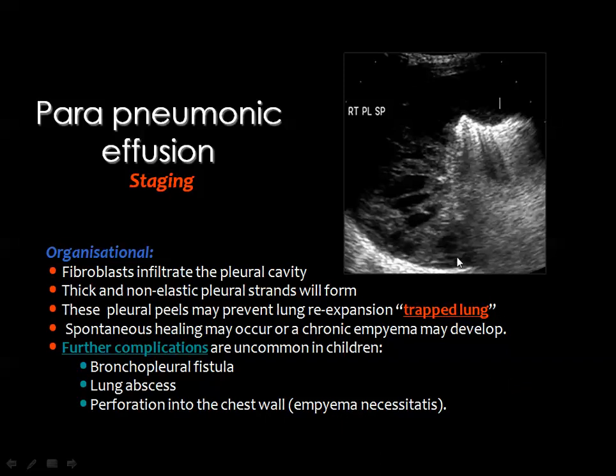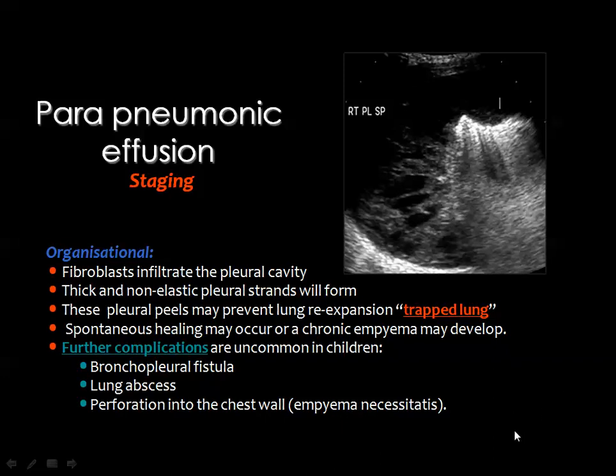Then the follow-up or the sequence of development of these strands in the pleural fluid is better followed by ultrasound rather than CT. And here you can see a pleural collection with complete strands within the collection, transforming it into multiple loculi.